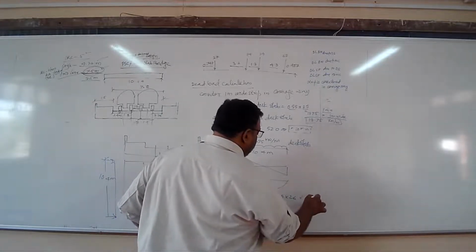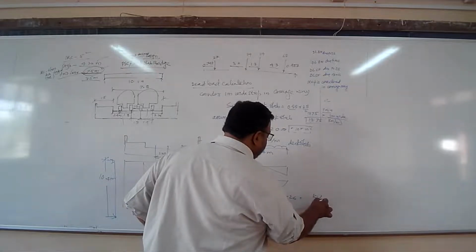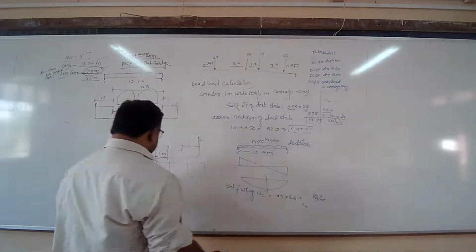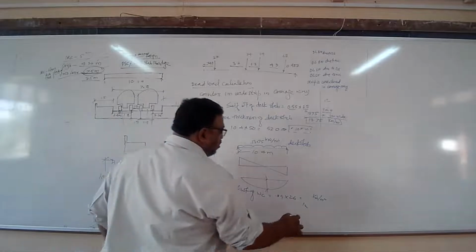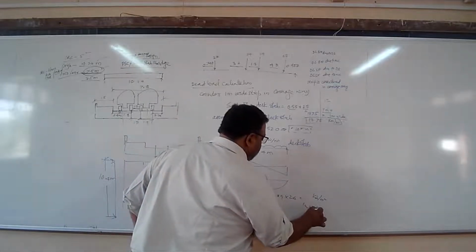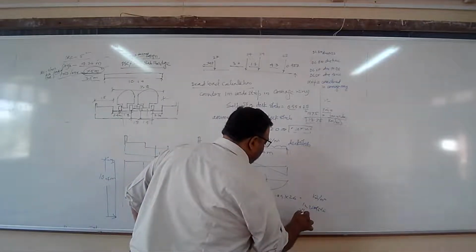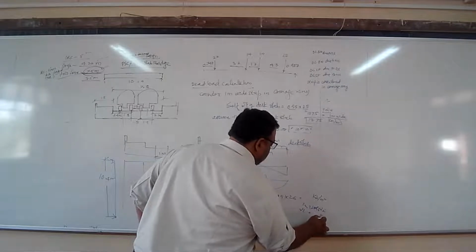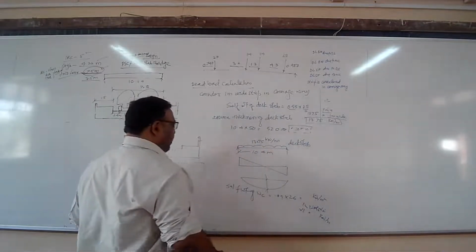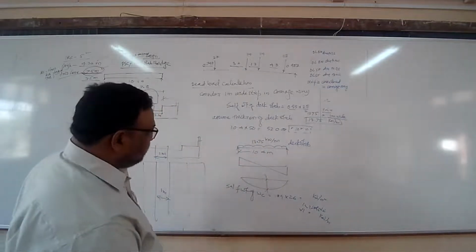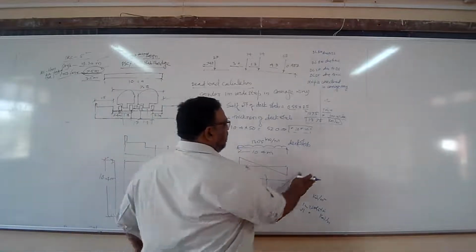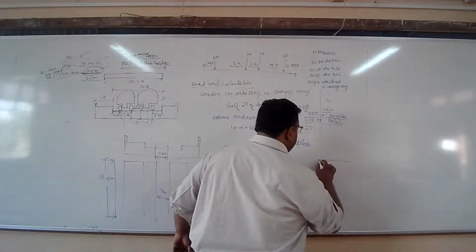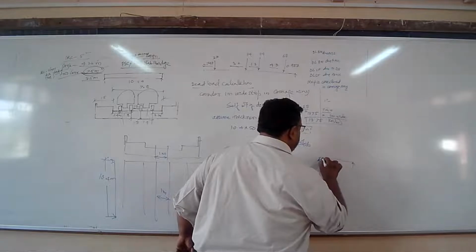So you will get it in terms of kilonewton per meter square. For 1 meter, जैसे we have considered 1 meter wide strip, so for 1 meter wide strip multiplied by 1, it will be in terms of kilonewton per meter. Then here it is for the bearing coat.